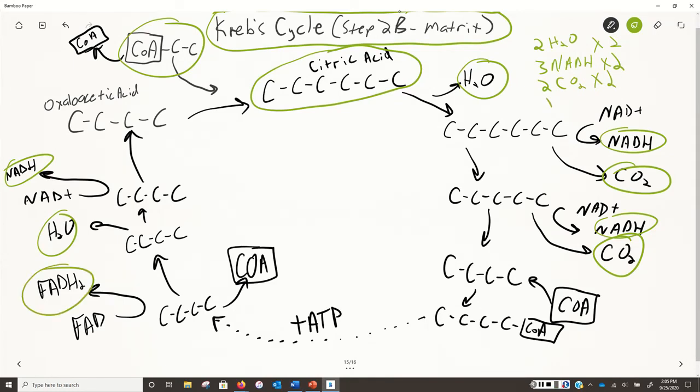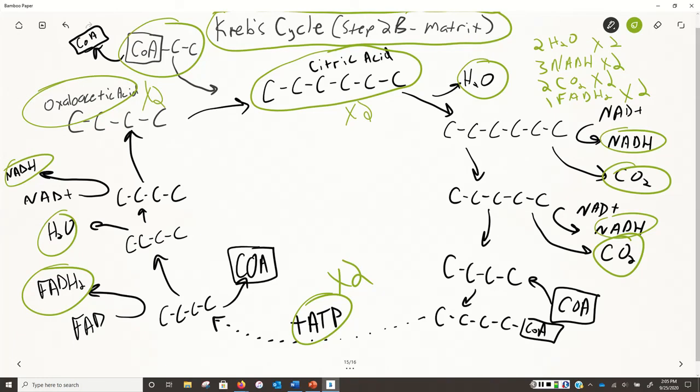We produced 1 FADH2 times 2, and an ATP times 2. What we were left with was an oxaloacetic acid. And again, times 2. So I'm going to go ahead and write times 2 over here with our citric acid.